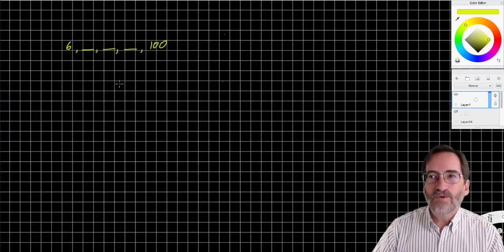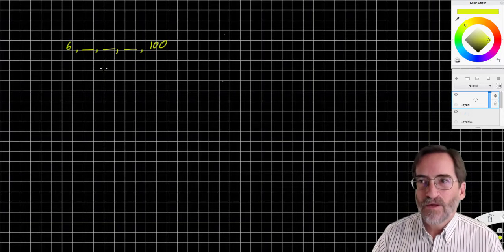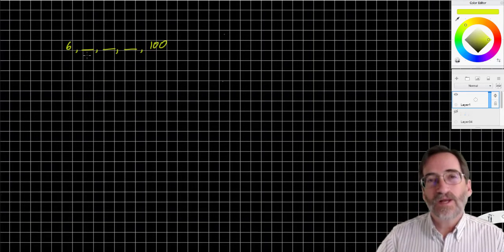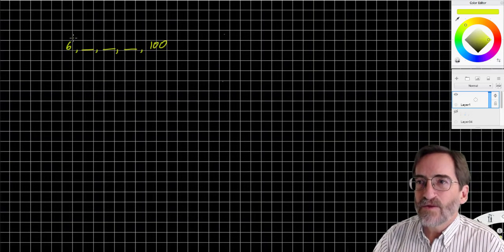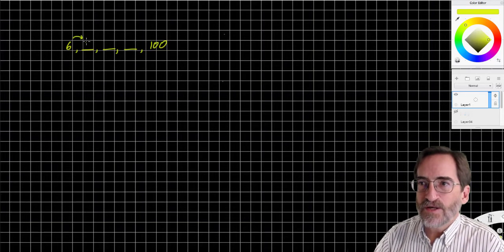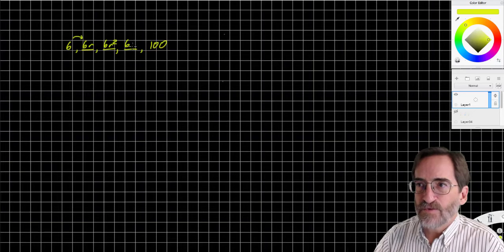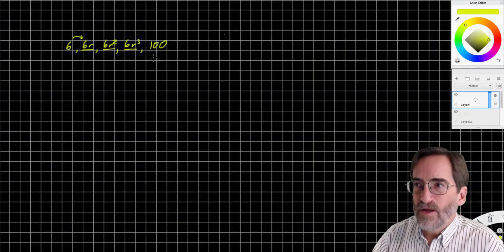We're told this is a geometric series and I need to fill in the blanks. Okay, well, think of it this way. You multiply 6 times the ratio to get the next term. You multiply that by the same ratio, so 6 times the ratio squared, 6 times the ratio cubed, and this one should be 6 times the ratio to the 4th.